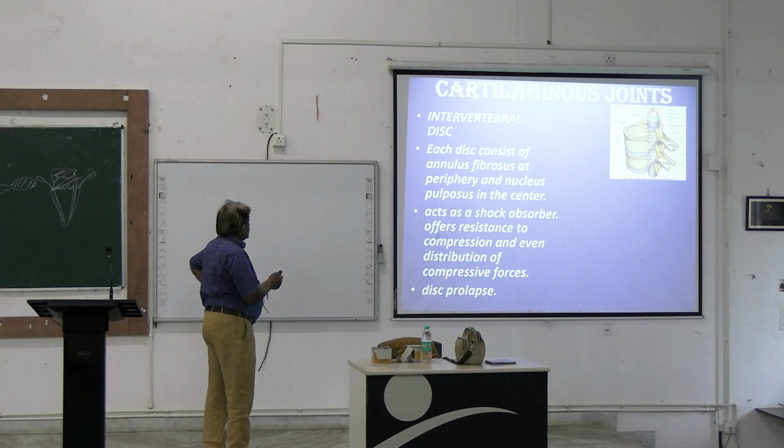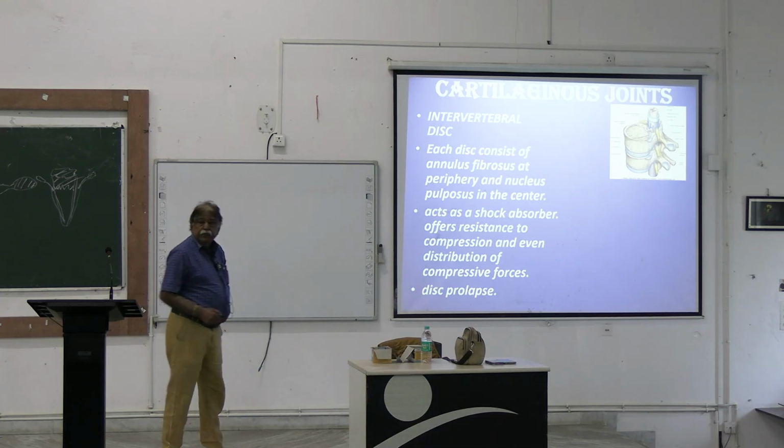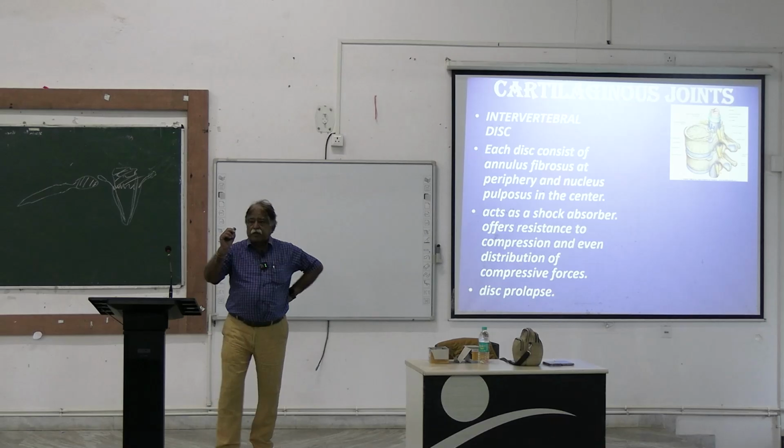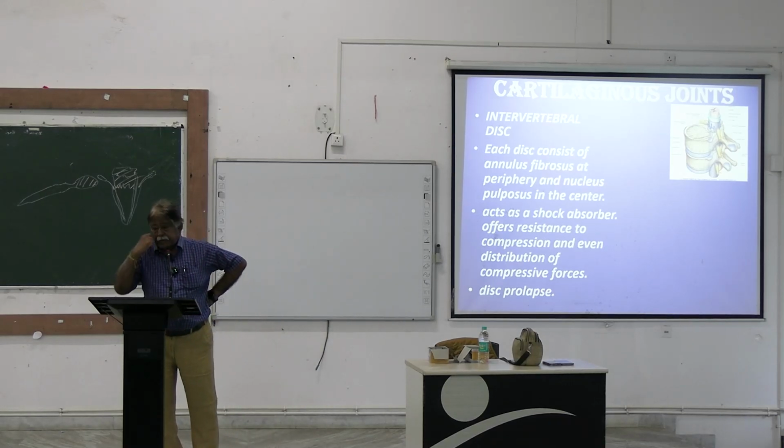See, intervertebral disc: each disc consists of annulus fibrosus at the periphery and nucleus pulposus in the center, acts as a shock absorber, offers resistance to compression and even distribution of compressive force. Disc prolapse can occur. Now you do a plain radiograph or X-ray, AP and lateral view of the spine, and you might get some imaging.